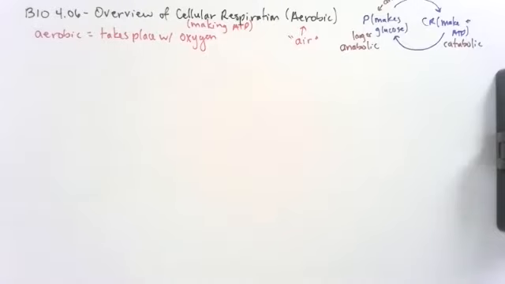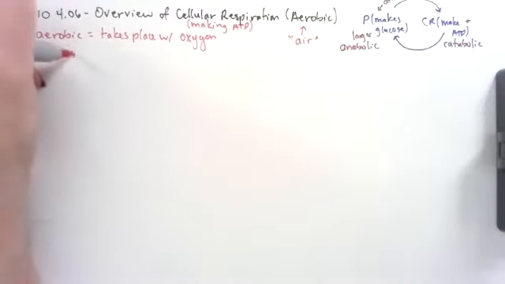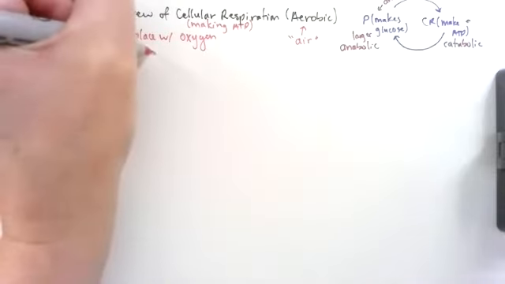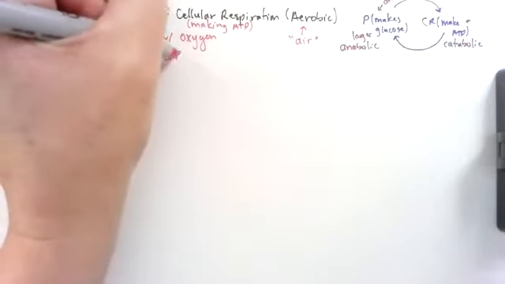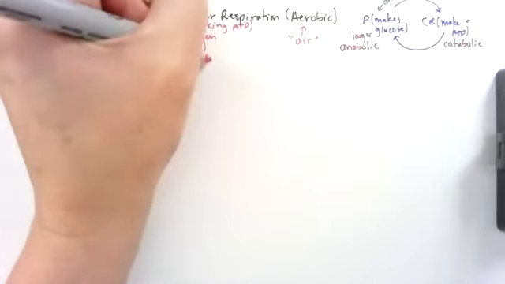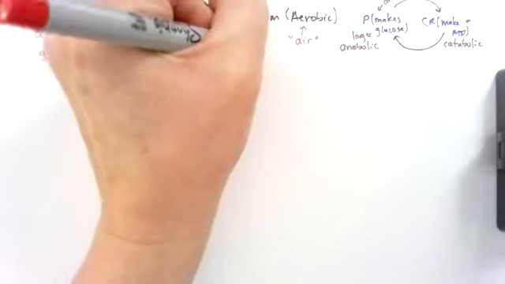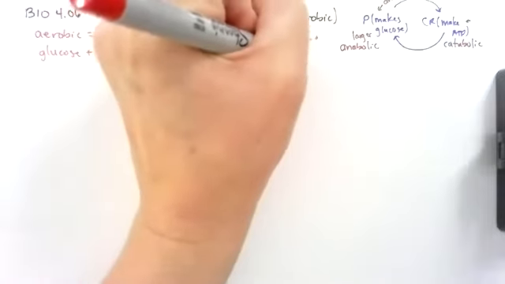So we said also that our formula, so this is all review, is we take glucose plus oxygen, we get carbon dioxide, you get water, and we get 36 ATP.